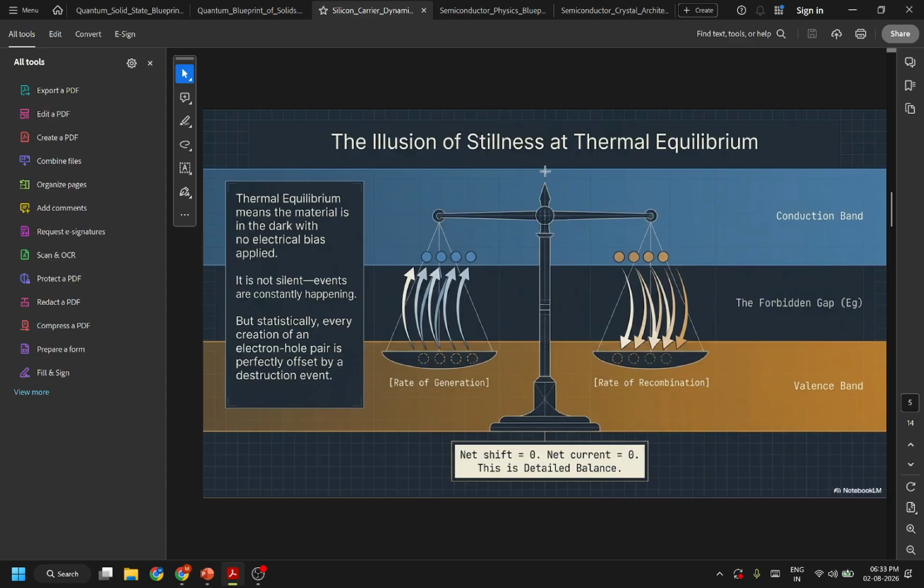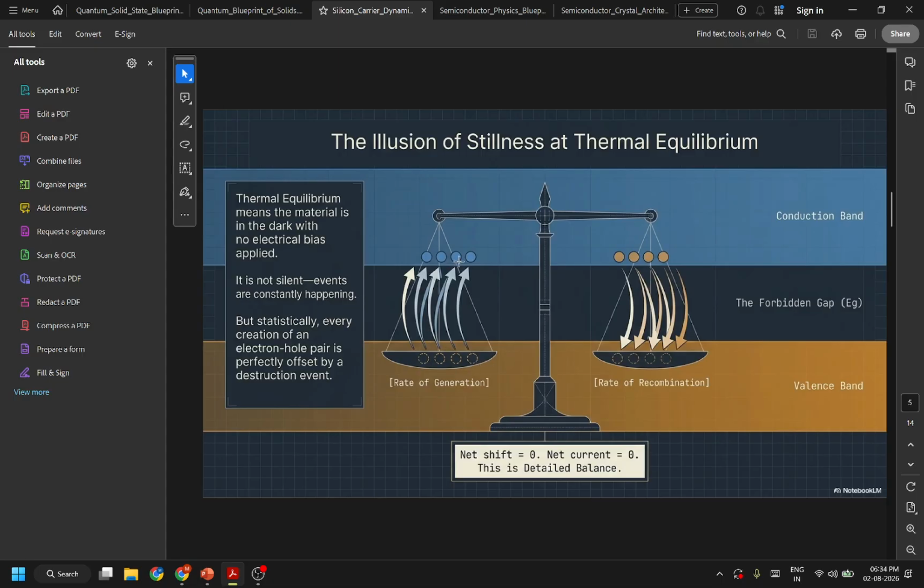So, the illusion of stillness: thermal equilibrium. Thermal equilibrium means the material is in the dark with no external bias applied. The material is in equilibrium, that is, there is no change happening in the number of electrons in the conduction band or in the valence band. But actually there is movement, events are constantly happening.